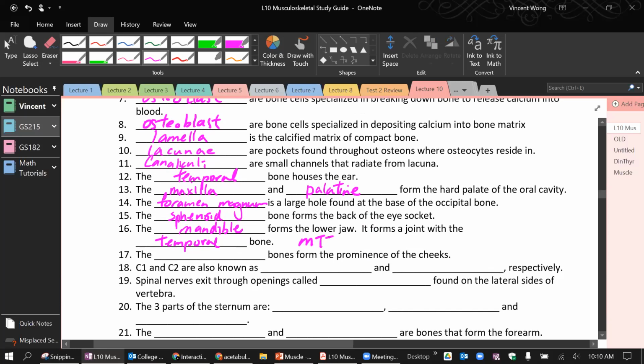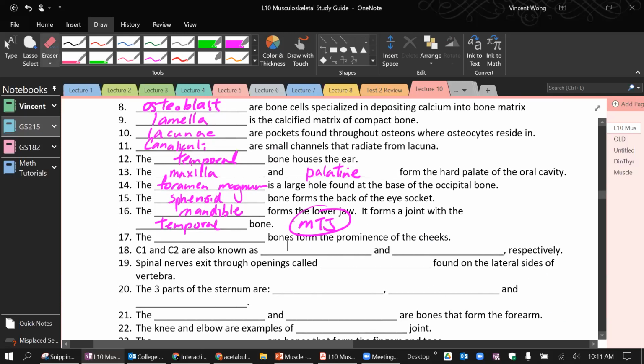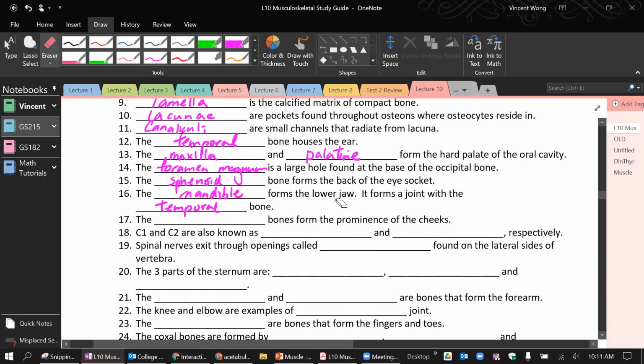The MTJ. You probably would have heard of it if your jaw makes a clicking sound when you move it. Your doctor will be like, "Oh, your MTJ is connected a little bit funny." So it makes the clicking noise, but there is nothing you can do really.